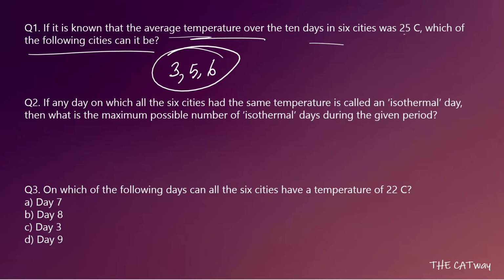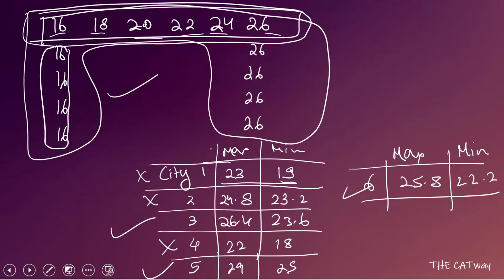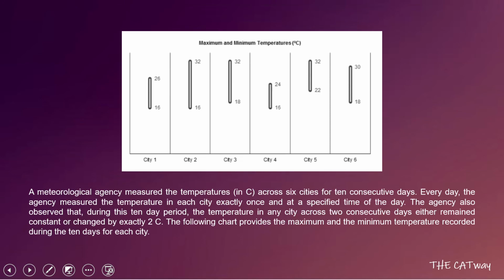Let's move ahead. Any day on which all the 6 cities have the same temperature is called an isothermal day. What is the maximum possible number of isothermal days during the given period? Now we have to check on what days the temperature for all the cities can be the same. What is the maximum temperature that all cities can have?